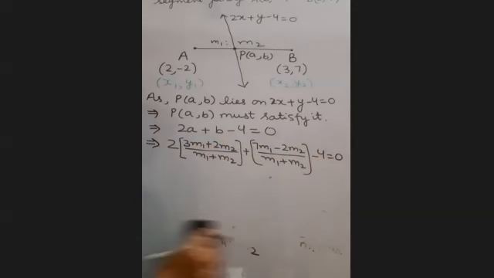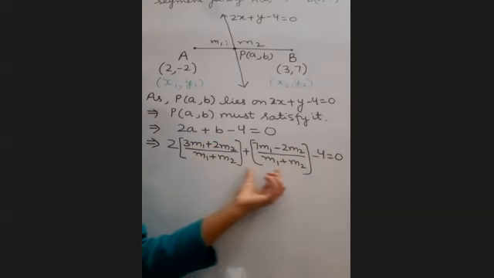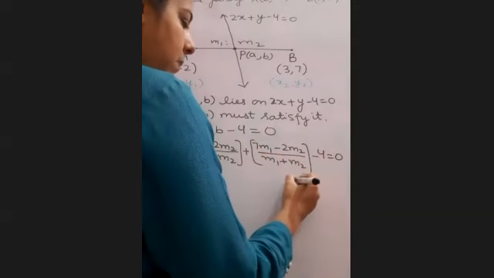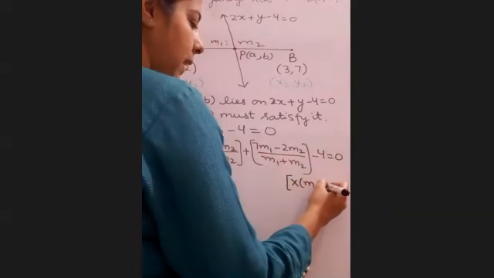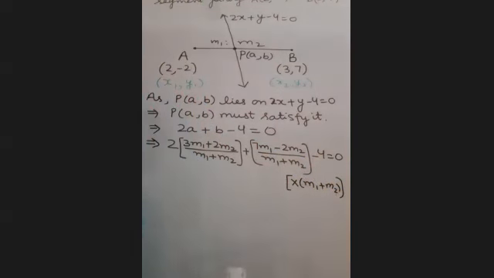Now in the denominator we have m1 + m2 and we would like to get rid of it. So to get rid of the denominator, we multiply the entire equation by (m1 + m2).